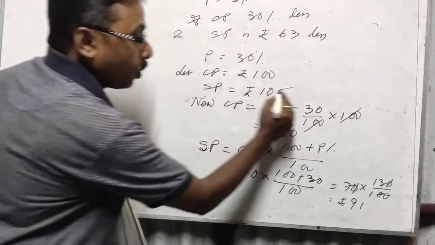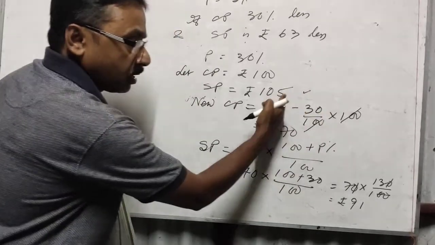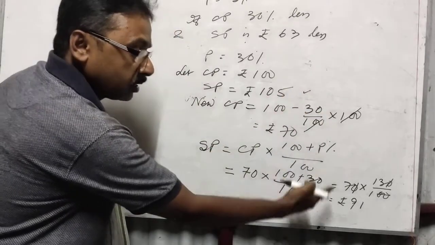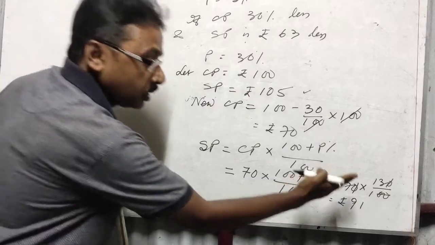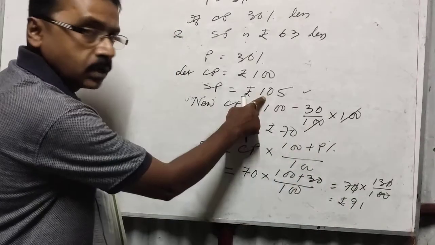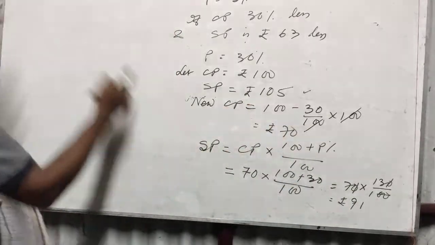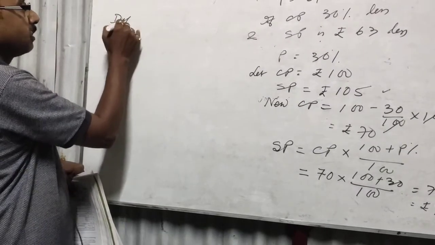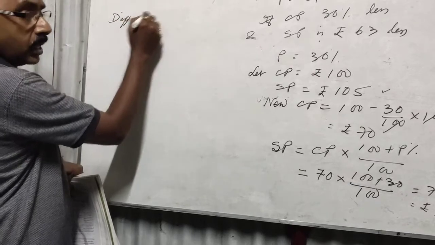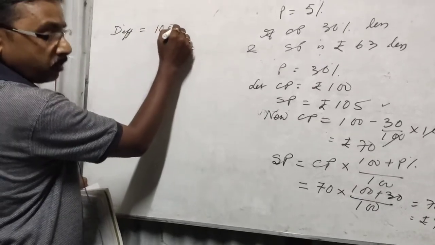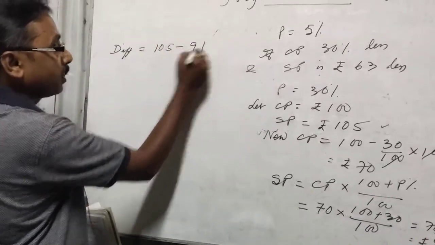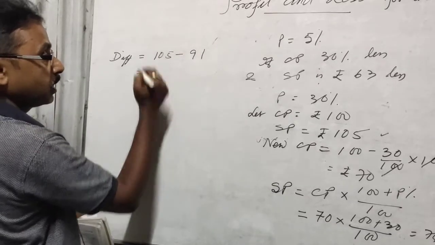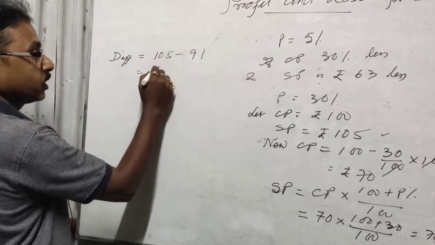Now the original SP was 105, new SP is 91. So the new SP is how much less than the original? The difference in the SP is 105 minus 91. What does it come to? It is 14.